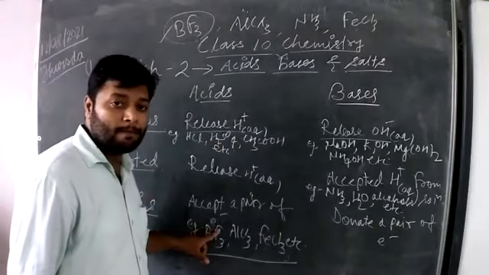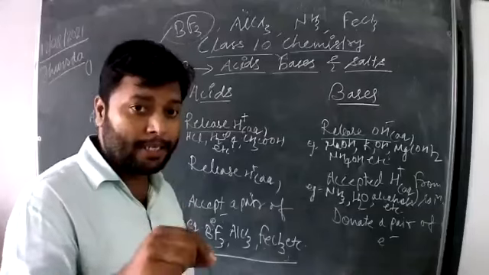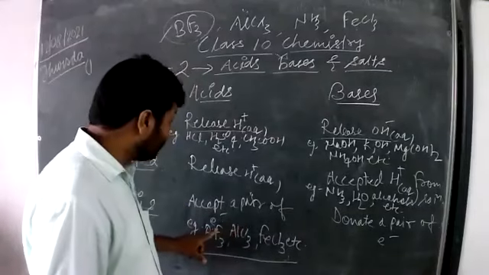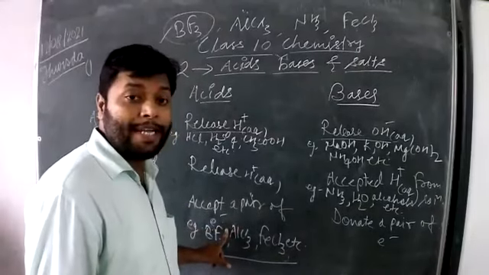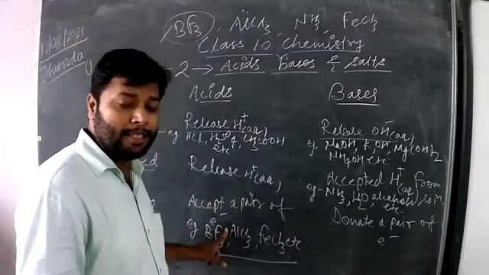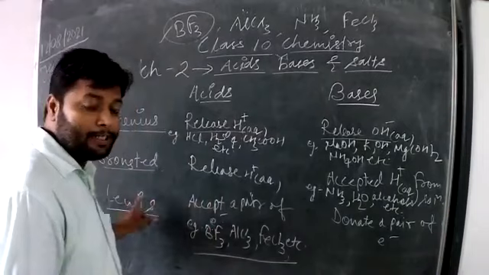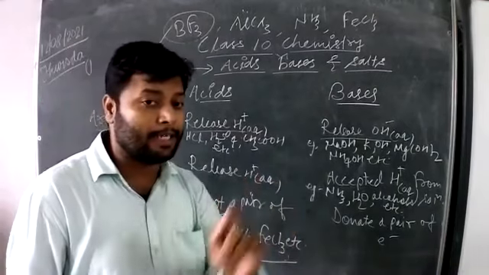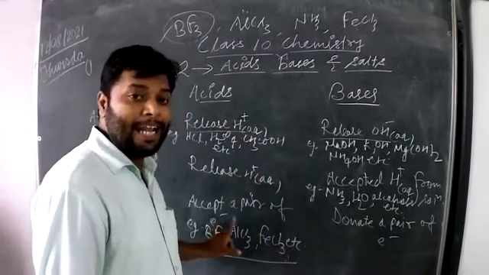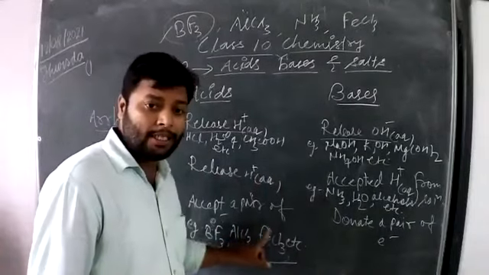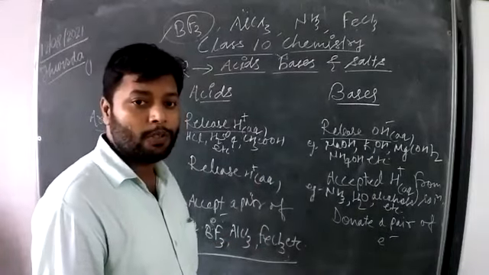Look at the example, you have to mention here: these are not only acid, they are called Lewis acid. The name of the scientist should be mentioned with the name of the acid. We have Lewis acids BF3, AlCl3 and FeCl3 also.